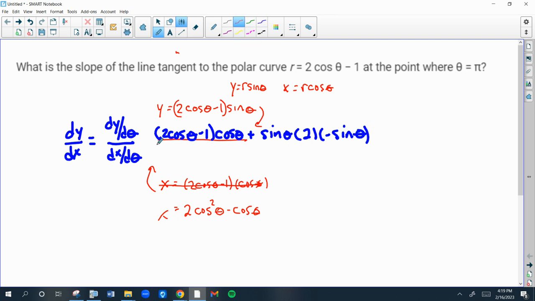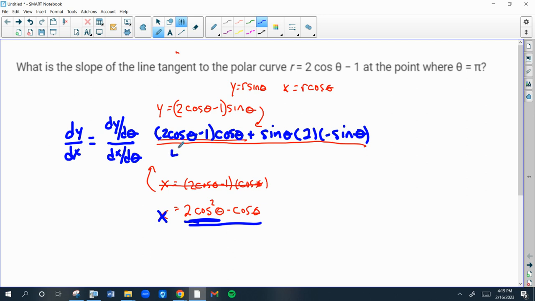And now I'm going to take the derivative of this x down below. So there's no product rule necessarily. You can use a chain rule here. So I'm thinking of this as cosine theta squared. So I'm going to use the chain rule on this. So bring that 2 down.